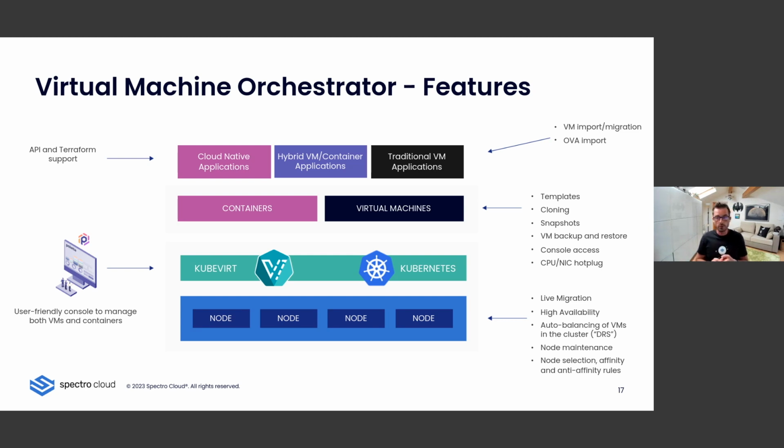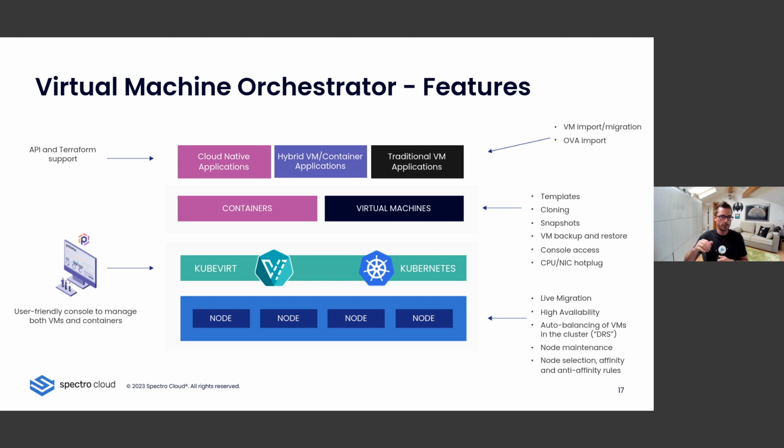Node maintenance: if you need to do some hardware maintenance on a node, change some disks, change some memory stick, we have it in the UI, you can just click turn on maintenance mode, and it will drain and cordon the node, which means that it will seamlessly evacuate VMs using live migration to different nodes from the same cluster. And this disallows scheduling capability on that node. You have all the node selections, affinity, anti-affinity rules, you name it.